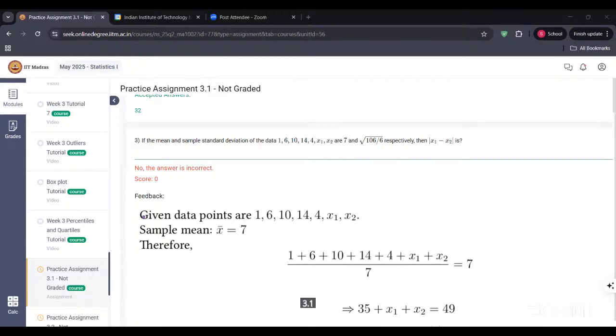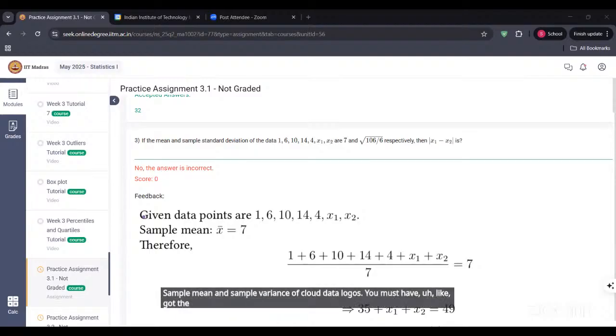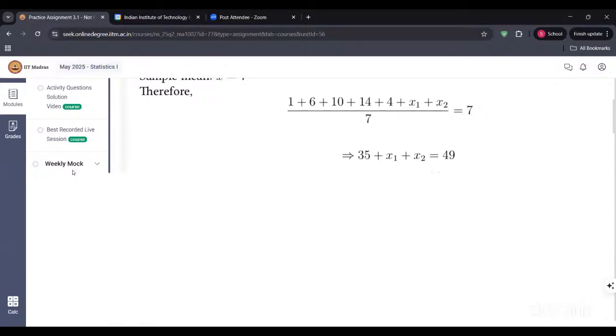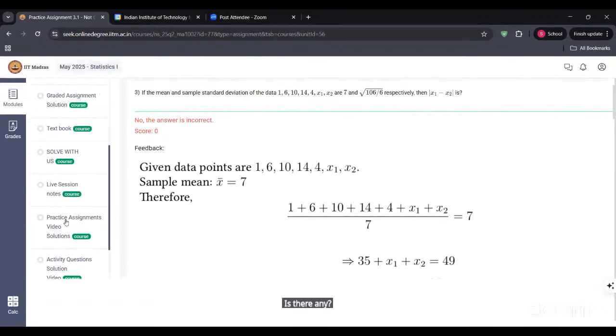Ma'am, the questions are different, ma'am. Okay. Sample mean and sample variance of 5 data values also. You must have got the practice assignment solution PDF or something, right? No, ma'am. Is there any? No, it is not there, ma'am.